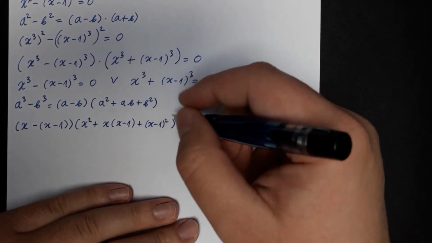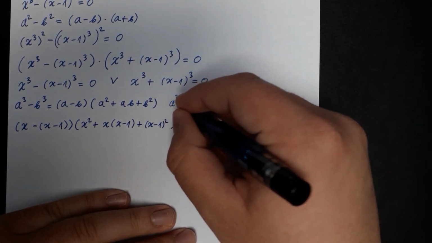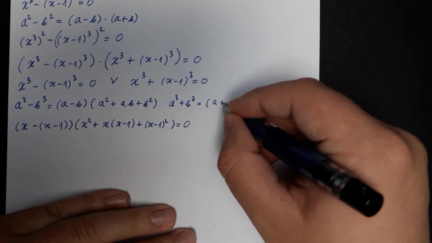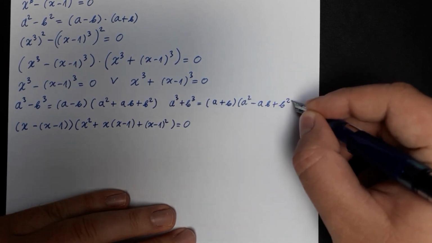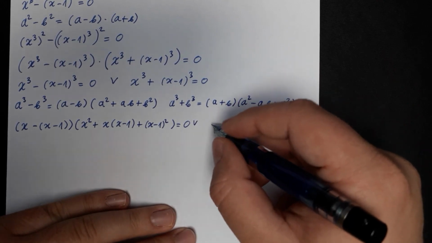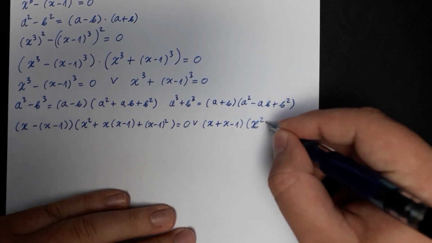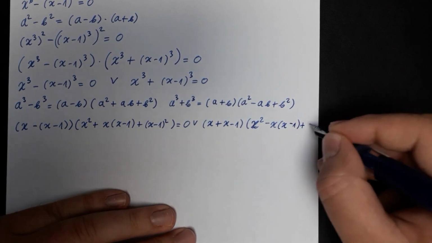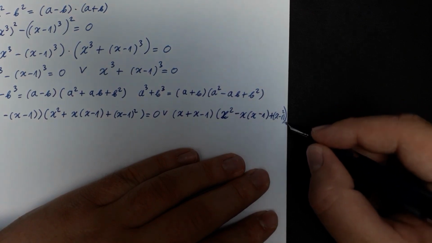Now for our second case, we are going to use the sum of two cubes formula, which is a cubed plus b cubed, which is equal to (a plus b)(a squared minus ab plus b squared). And that is going to transform our formula into (x plus x minus 1)(x squared minus x(x minus 1) plus (x minus 1) squared) equal to 0.